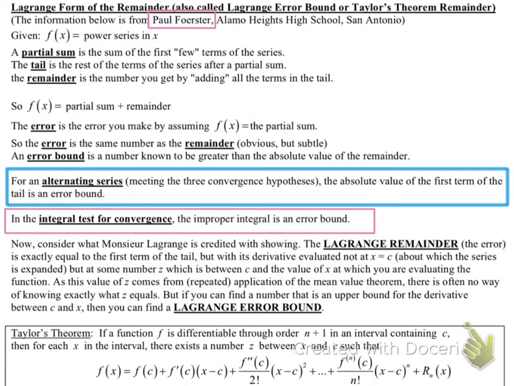This value of z comes from repeated application of the mean value theorem. Hey, we've heard of that. There is often no way of knowing exactly what z equals, but if you can find a number that is an upper bound for the derivative between c and x, then you can find a Lagrange error bound.